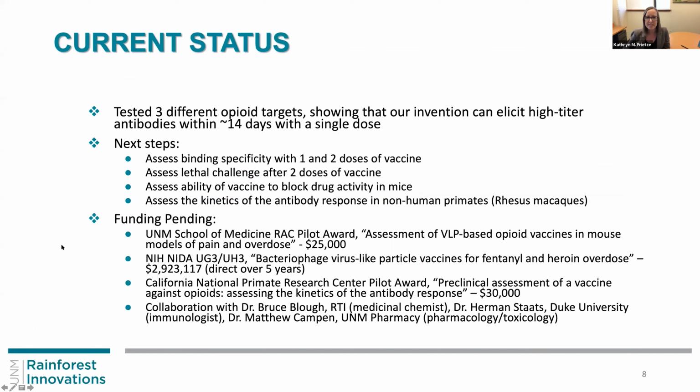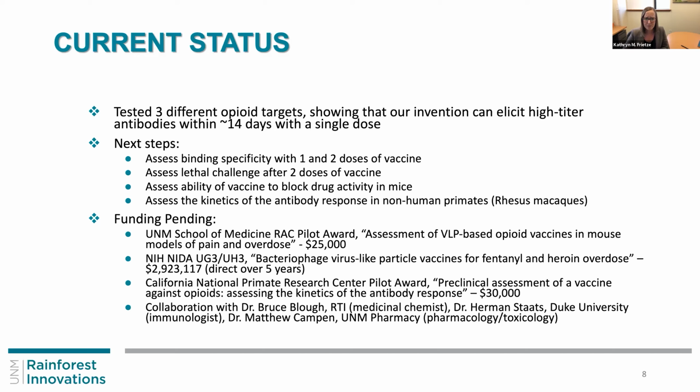So just the current status of what we're doing. So far, as I showed, we've made these 3 different opioid targets: oxycodone, morphine, and 6-acetylmorphine. We've done that same experiment that I just described, and we see the same response in all of them. So for all of those different targets, we can elicit really high titer responses very quickly that last quite a while.